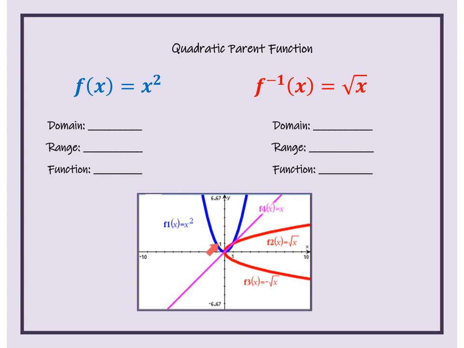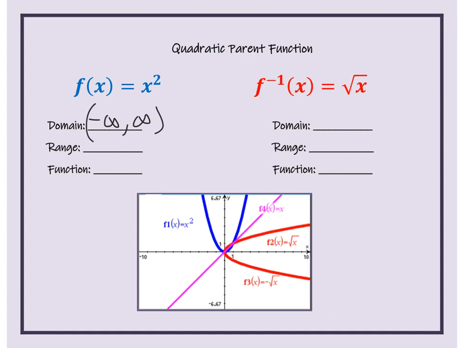So let's talk about the blue graph. What's the domain of the blue graph? Well, quadratic functions can go forever to the left and forever to the right. So my domain for all quadratics is negative infinity to infinity. My range is how low it's going and how high it's going. What's my lowest y value?